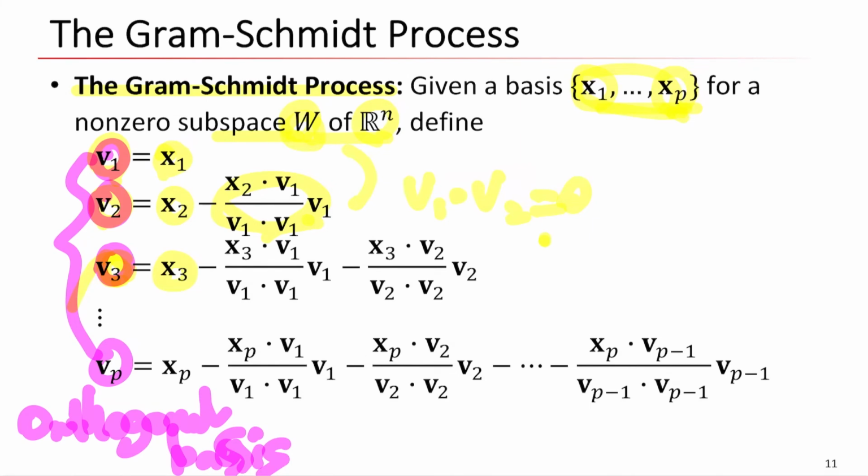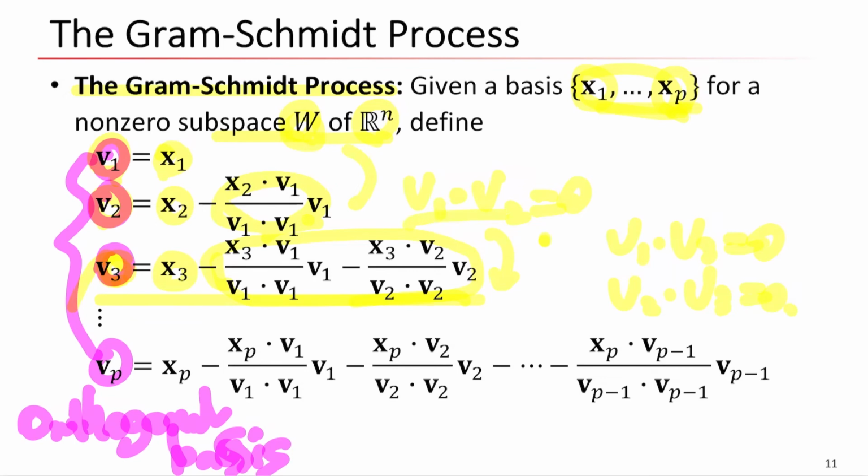So in this case, the orthogonal projection of x3 onto the v1 and v2 space is represented something like this, right? So v3 will be something like this. So in this case, v1 dot v3 is equal to 0, v2 dot v3 is equal to 0, right?